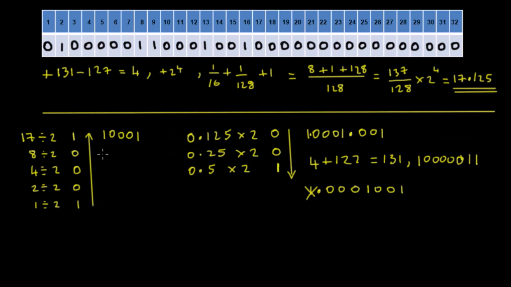We're going to have the 0 for our sign. The exponent is going to be 1, 0, 0, 0, 0, 0, 1, 1. And the mantissa is going to be 0, 0, 0, 1, 0, 0, 1.